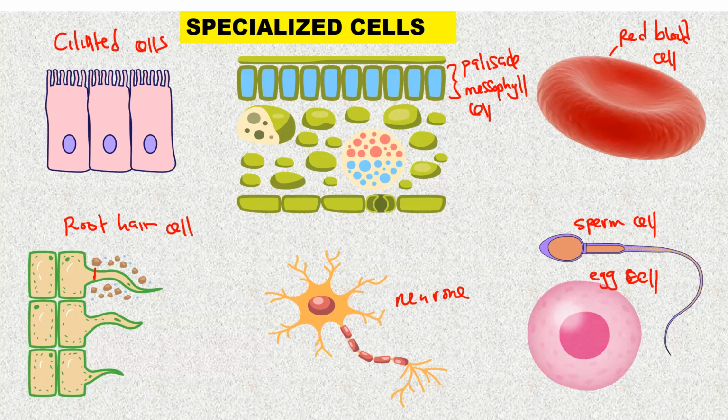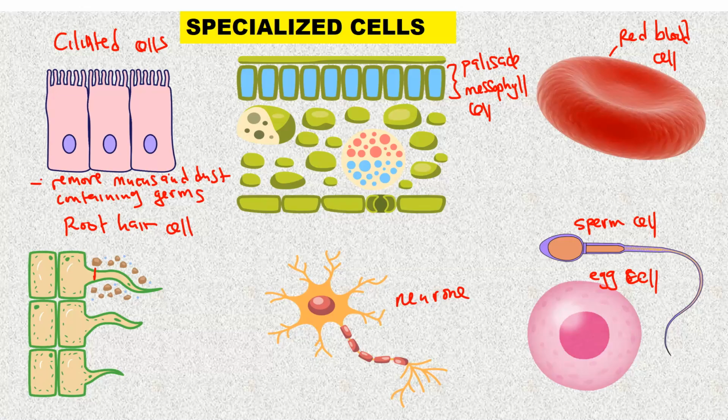Now, what is the function of the ciliated cell? The ciliated cell simply removes dust and mucus containing germs. It removes mucus and dust containing germs from the respiratory tract.